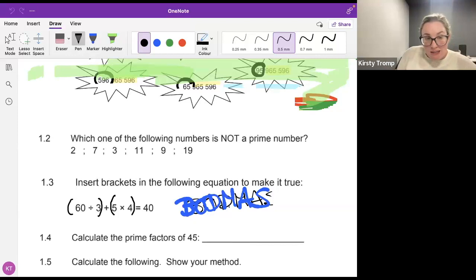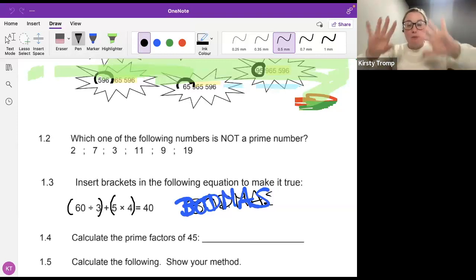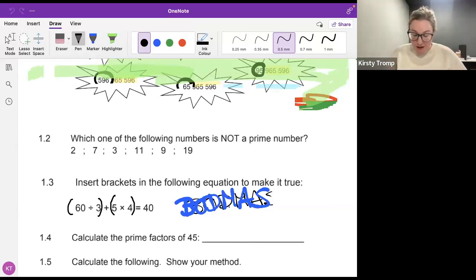All right, guys, I want you to have a look at the next question. I want you to calculate the prime factors of 45. Now, a little reminder about what prime factors are. Prime factors are prime numbers that can only be divided by 1 and themselves.